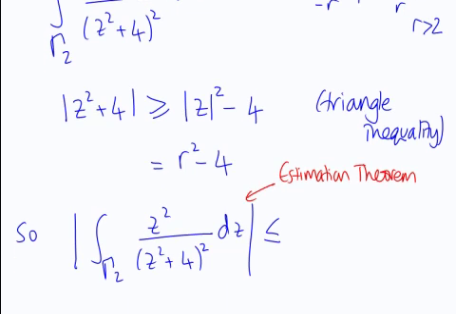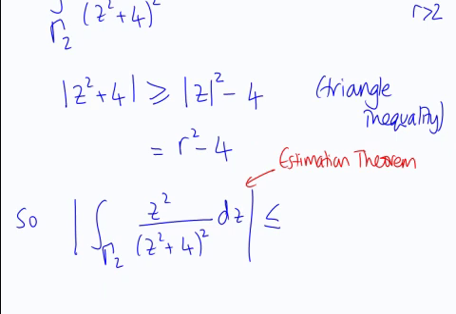But basically you look at the upper bound of the integrand itself, and the integrand on this contour is always going to be less than or equal to r squared over, and we said that the denominator was greater than or equal to r squared minus 4 all squared. So the integrand is always less than or equal to r squared divided by r squared minus 4 all squared.